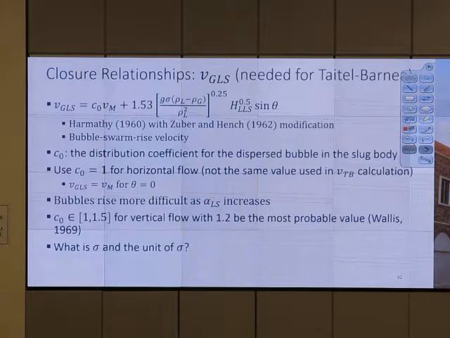107. So second step, VTB, VGLS. You get VGLS already, right? HLLS. How do you get HLLS? Closure relationship, and that closure relationship is on page 109, 110.